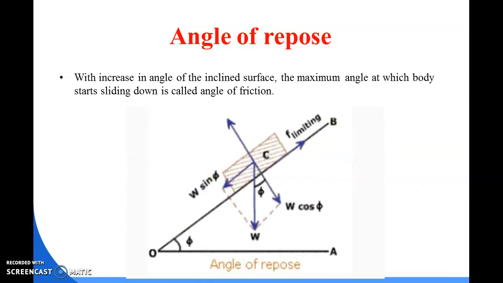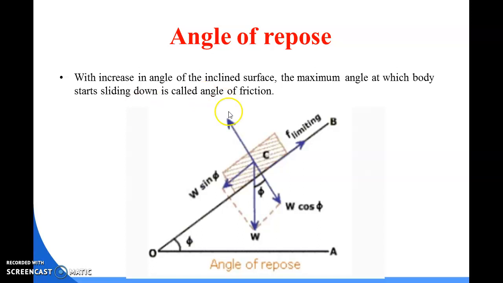Now comes to angle of repose. Here the angle of repose is increased according to the increase in the angle of the inclined surface. That means with the increase in the angle of the inclined surface, the maximum angle at which the body starts sliding down is called the angle of repose.